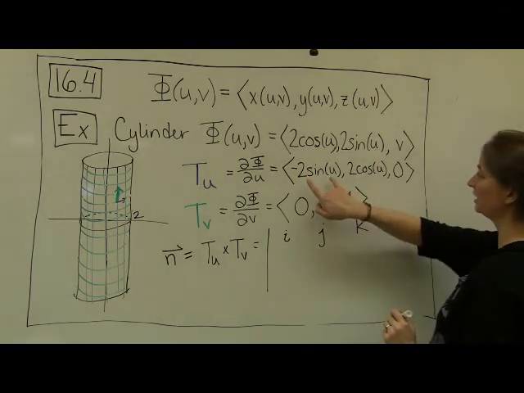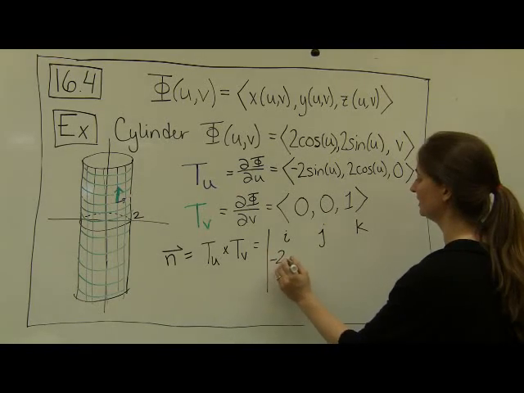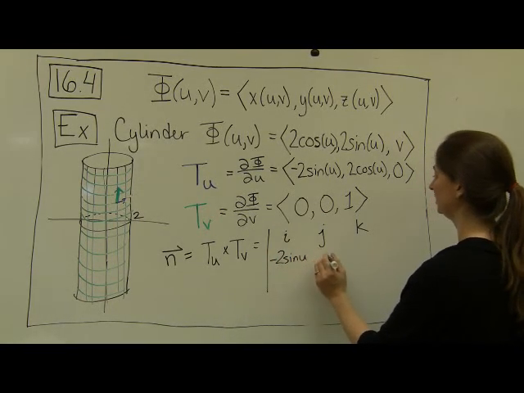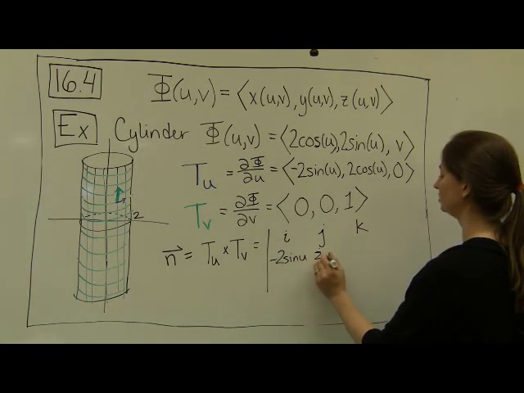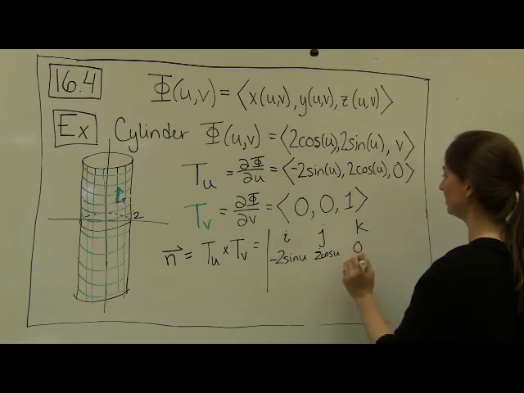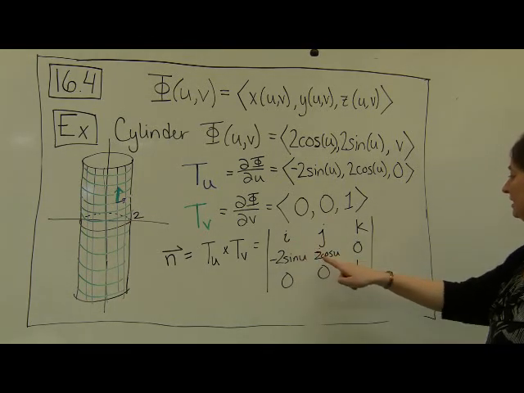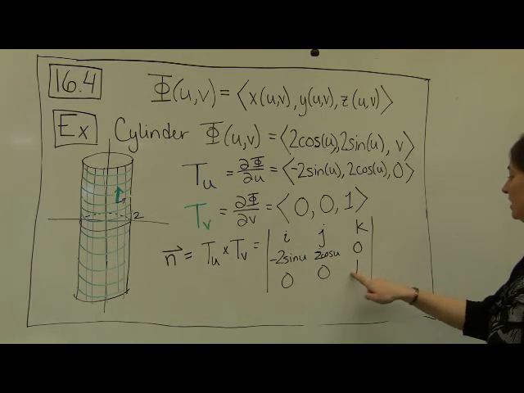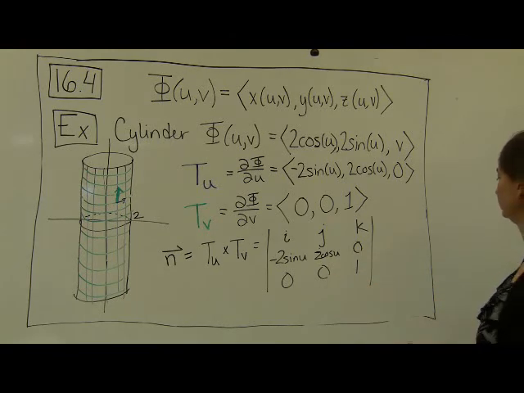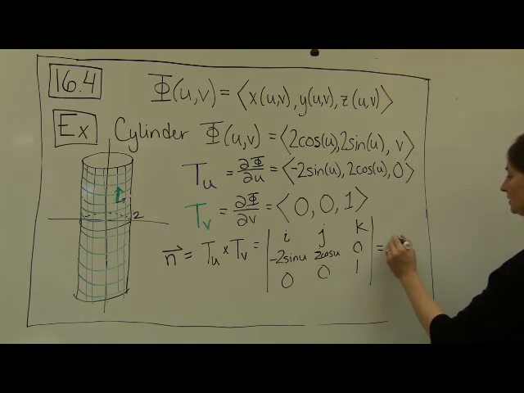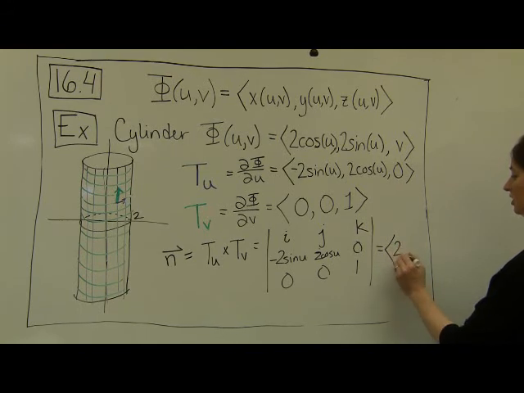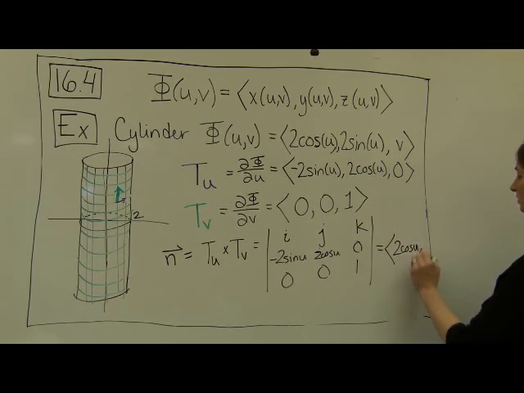Our first vector is negative 2 sine of u, positive 2 cosine of u, 0, and then 0, 0, 1. And if I look at this, I get i times 2 cosine u times 1 minus 0. So this is the vector 2 cosine u.